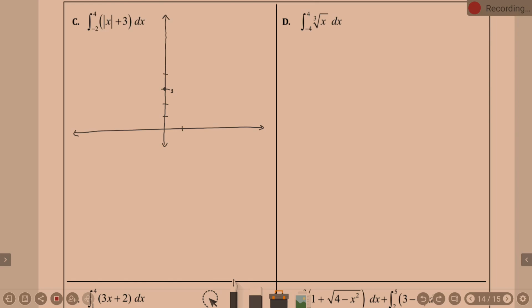So I'm going to be at 1, 4 on the right. 2, 5 on the right. 3, 6. 4, 7.